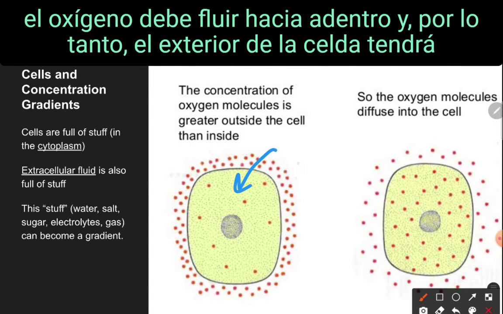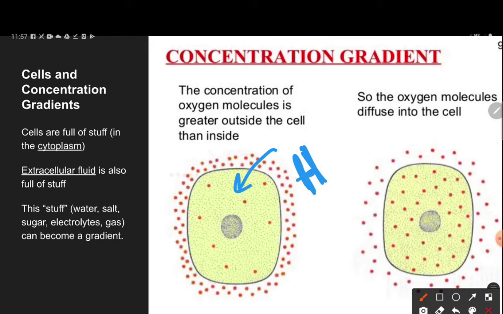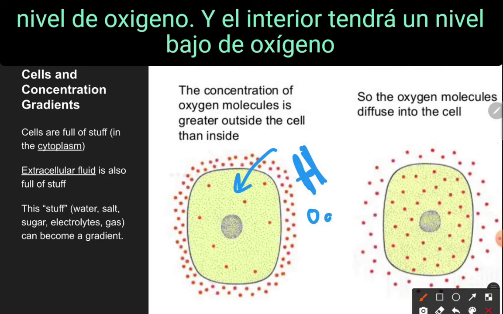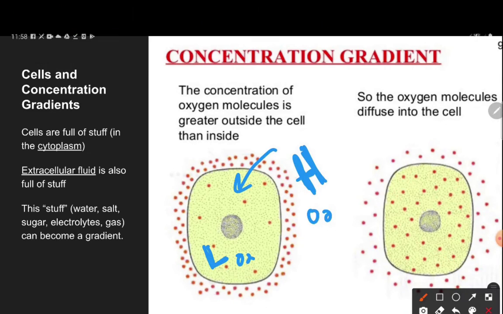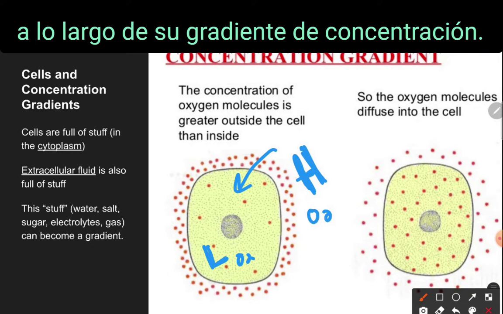And so the outside of the cell will have a high level of oxygen, and the inside will have a low level of oxygen. Because of this, oxygen will naturally flow into the cell along its concentration gradient.